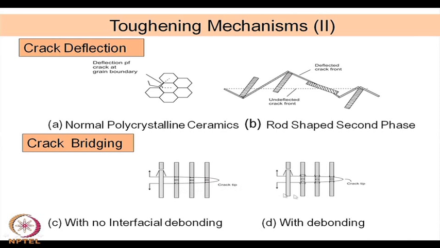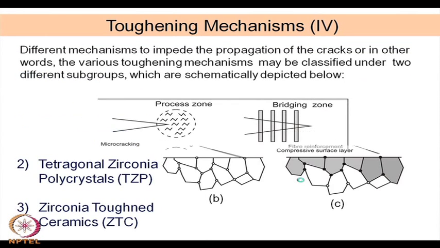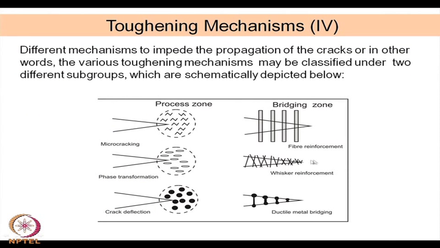There can be debonding also. Here is a whisker, and you are aware that these are fibers, large size fibers, the diameter is larger, and whiskers are much smaller fibrous materials. Okay. Their diameter as well as length are small, and these are ductile metal bridging.